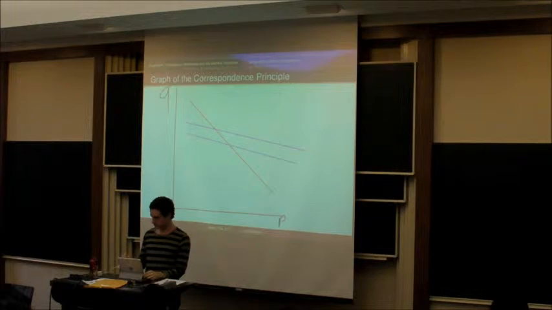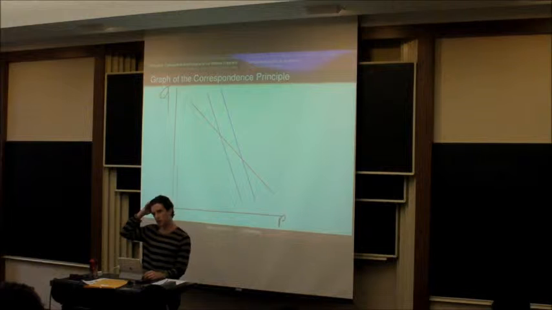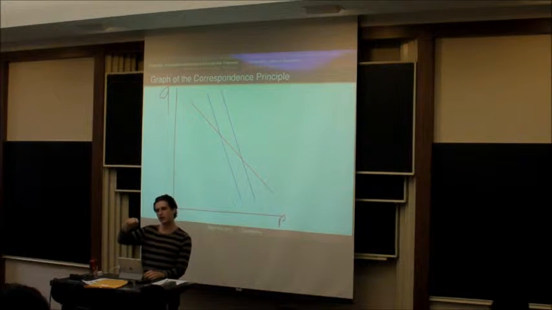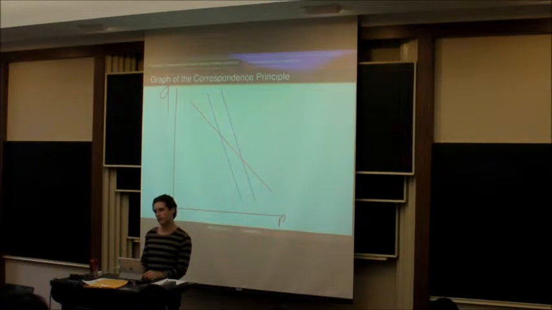On the other hand, if we change this so that the supply curve was sloping down more steeply than the demand curve was, then if we increase supply, we get a higher price. So in general, no matter which way things are going, the key thing to check is that the demand curve is cutting from above the supply curve to below it.